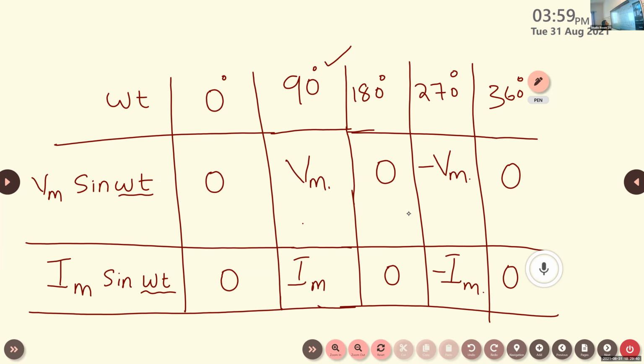So that is why we consider these phase angles. And here we get the corresponding values of alternating source of EMF and that of the alternating value of current. So now we can represent the value of AC voltage through resistor graphically.